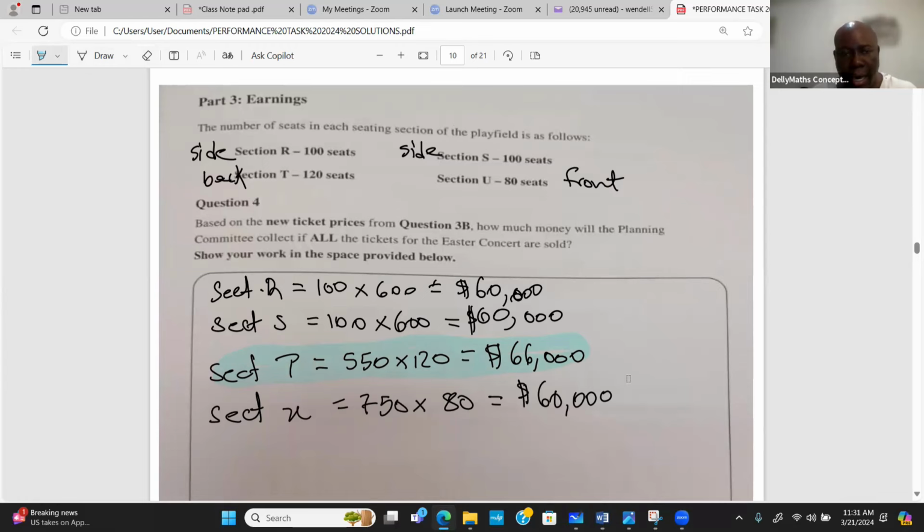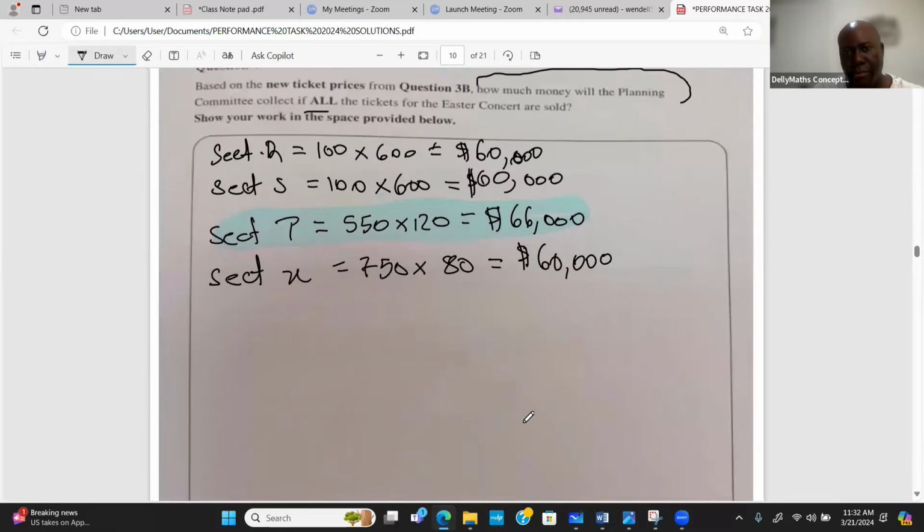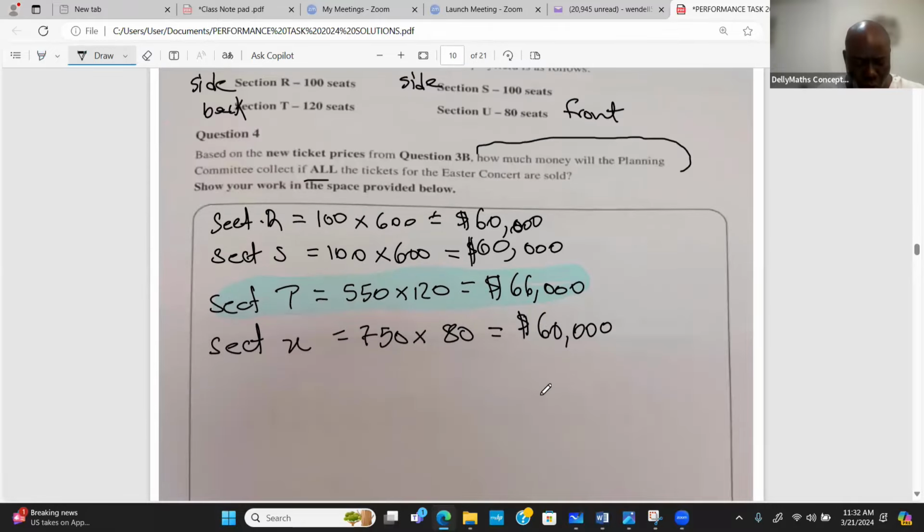All right, so let us look at what the question really says here. How much money will the planning committee collect? All right. So let's put it all together right there. Let's add them up. We want to add up all of that money right there.